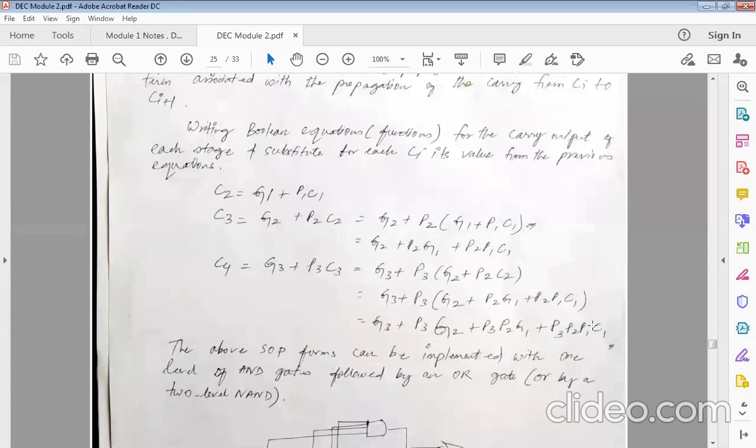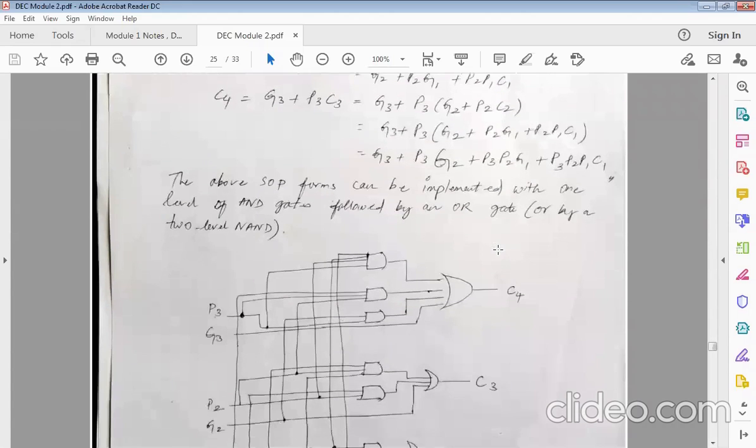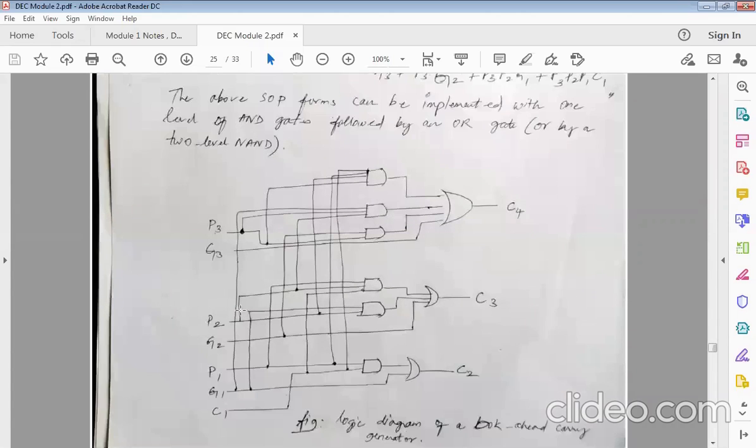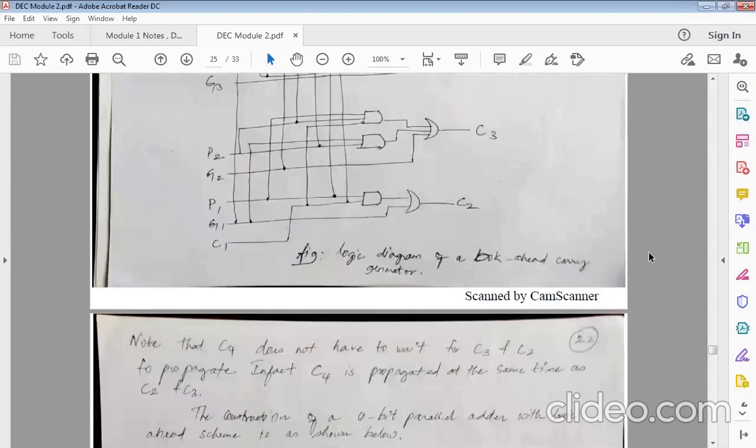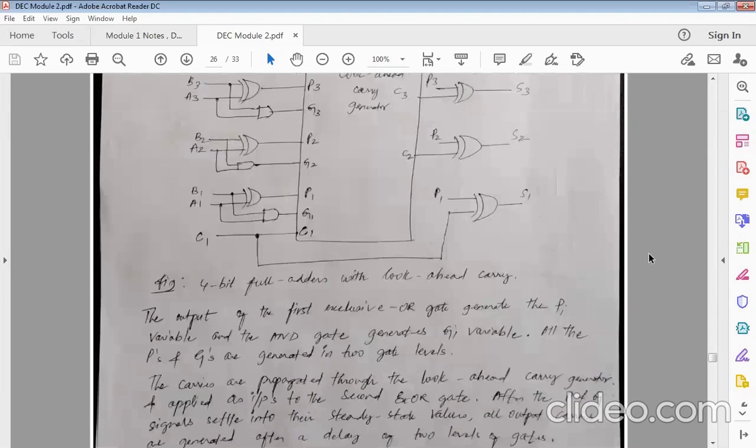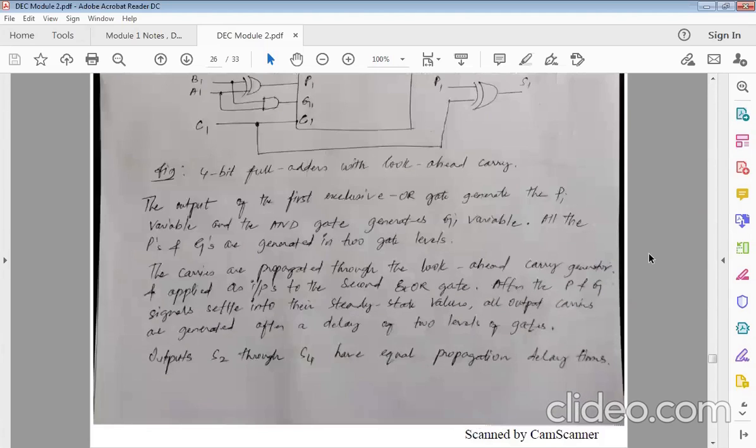That is the best part of it. This circuit can be implemented using any logic, as we learned in previous classes: only NAND gates, or NOR gate implementation, or the normal AND-OR logical implementation. So this is about your carry look ahead adder.